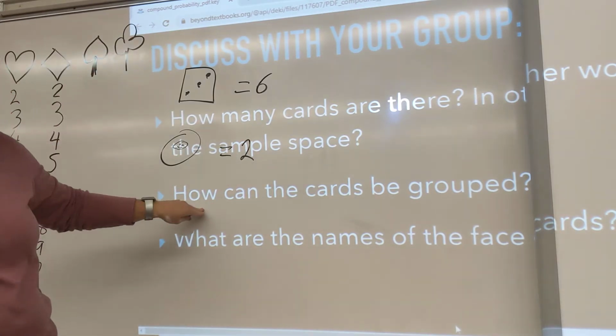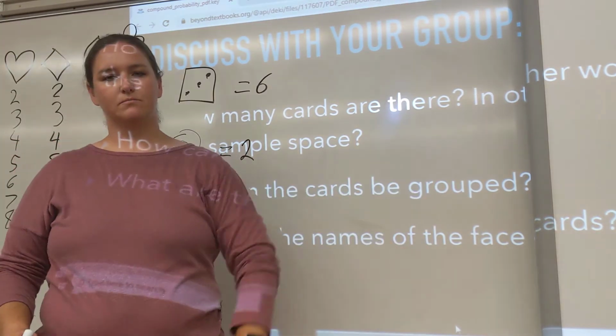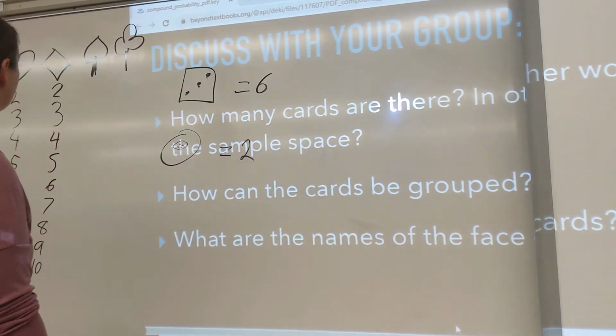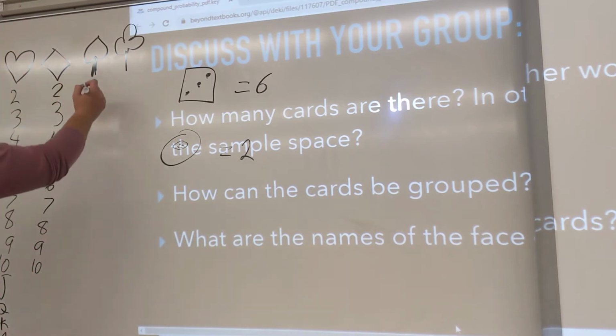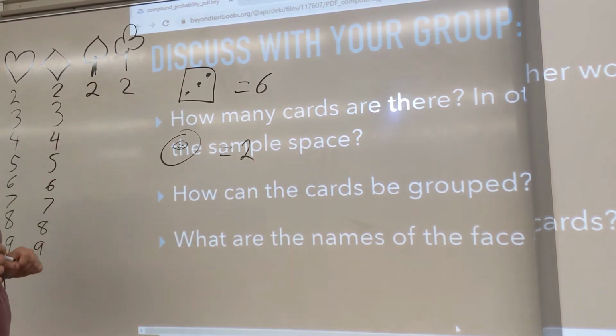So, how can the cards be grouped together? Well, let's look. We kind of grouped them together already, didn't we? We can group them together by hearts. We can group them together in their suits. We can group them together by numbers, because each one of them has the same numbers, right?